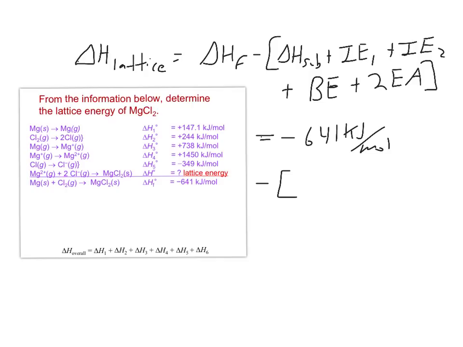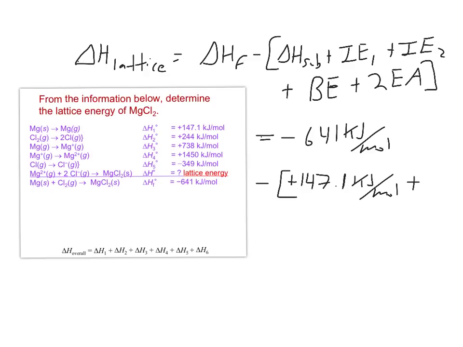Sublimation. Magnesium solid to gas, that's that process. Solid to a gas is sublimation. That energy value is 147.1 kilojoules per mole.